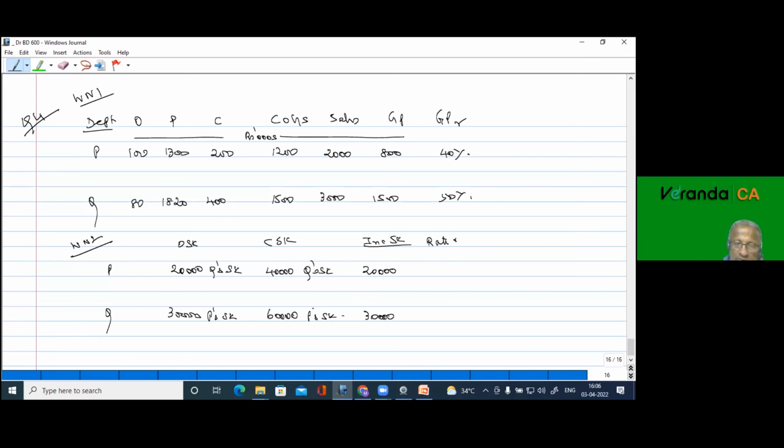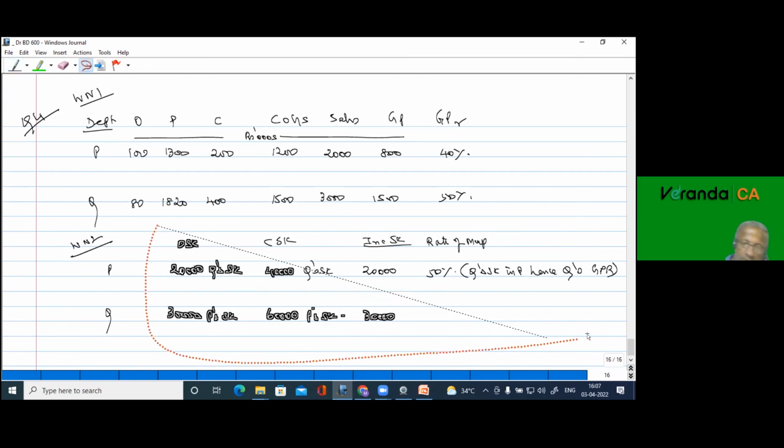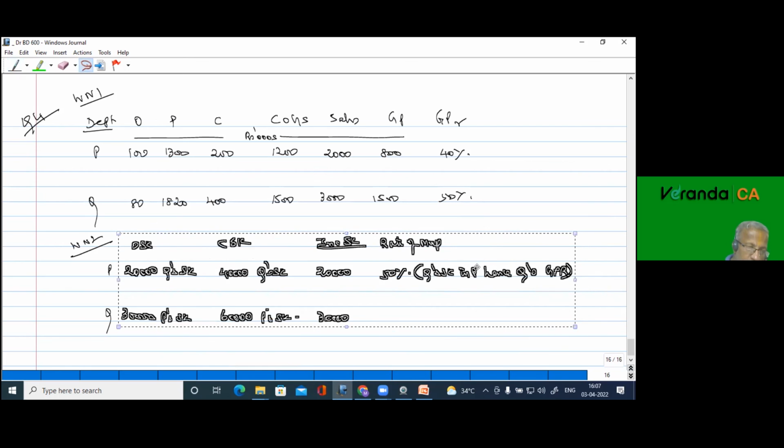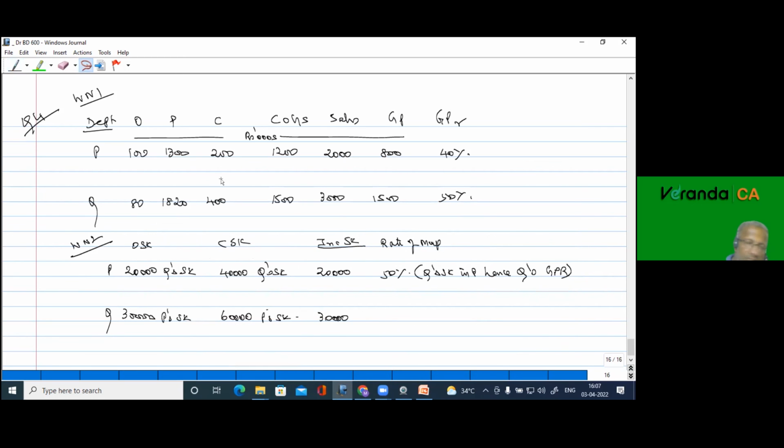The rate of markup is 50% because it is Q's stock in P. Hence, Q's GP rate. So unrealized profit is 50% on this 10,000.